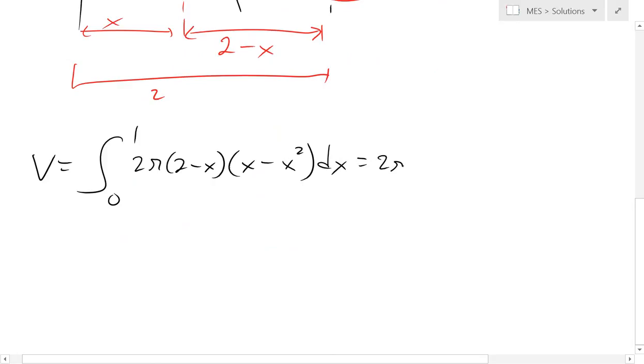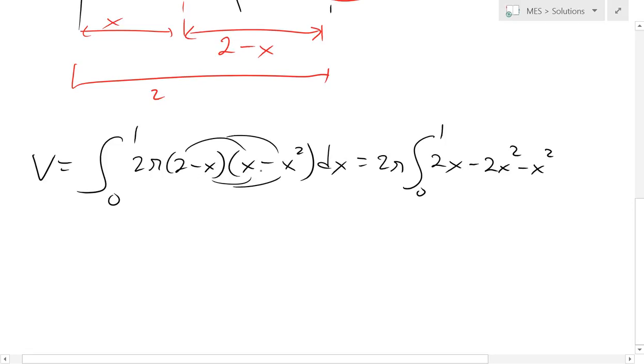Now we can simplify this by expanding and taking the constant 2 pi out. It's the integral from 0 to 1 of, multiplying this inside, 2x, that's 2 minus x, minus 2x squared. Now we have a negative x times x, that's negative x squared.